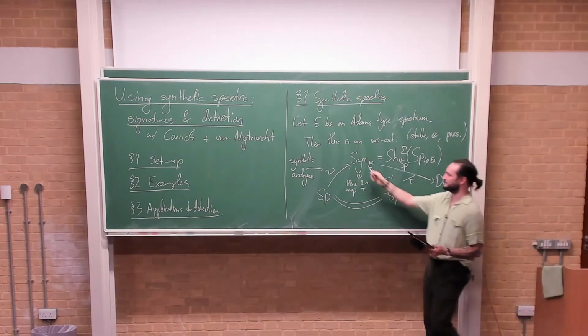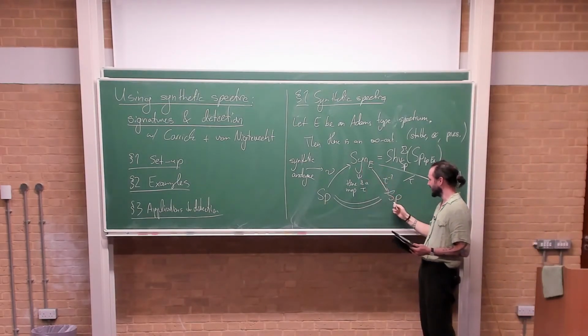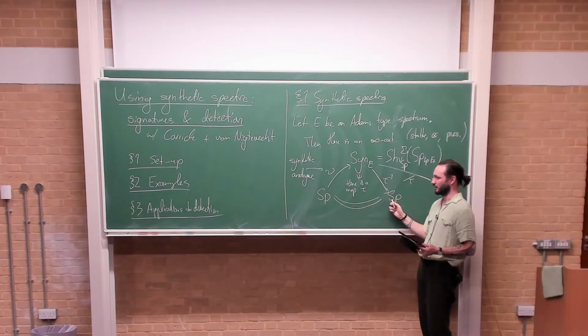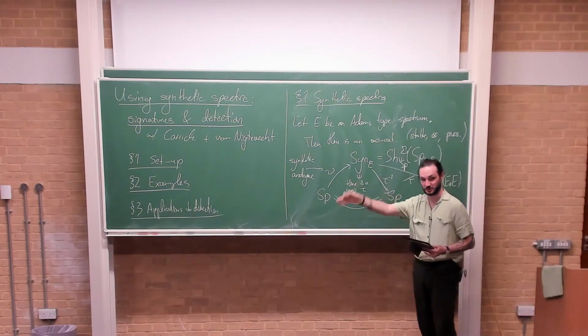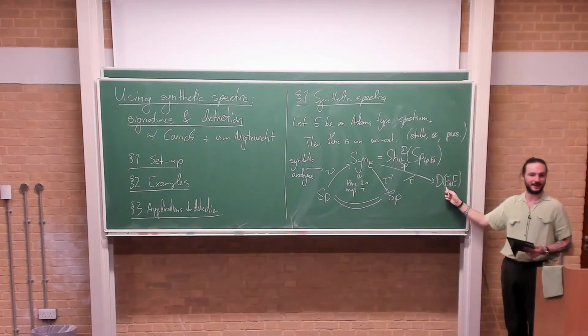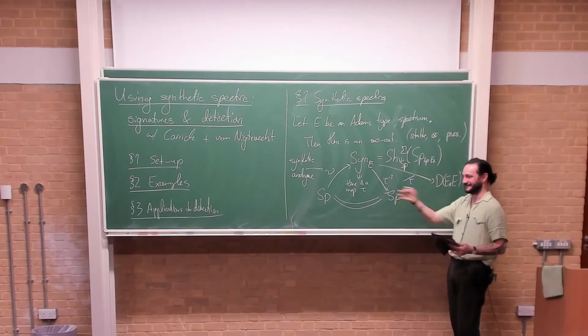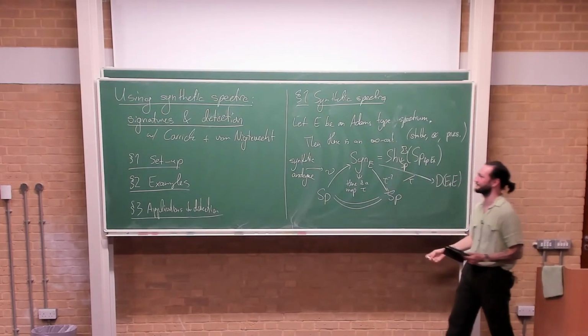I'm going to think of synthetic spectra as being like spectral sequences, and inverting tau is going to be like what this spectral sequence converges to, so the abutment, and killing tau is going to give me the E2 page. So if I understand these two functors, then I can understand the beginning and the end of the spectral sequence, and hopefully work between them.